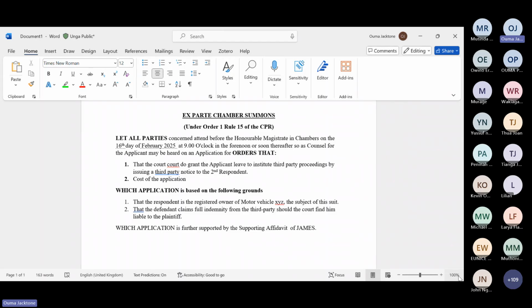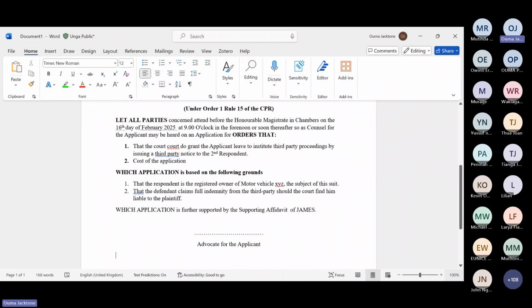And then you will come here and indicate there should be counsel for the advocates. Advocate for the applicant. And then you come here and say drawn and filed by. Yes, drawn and filed by.